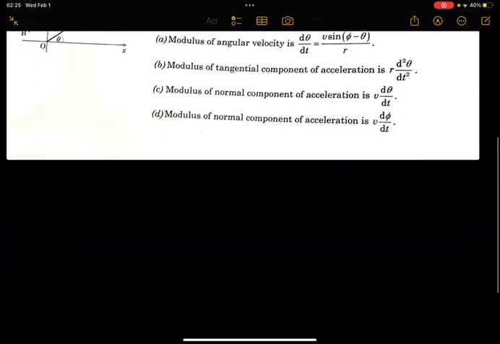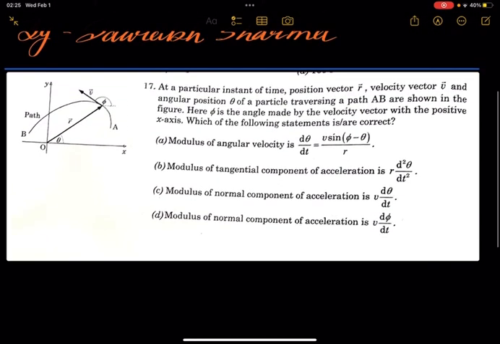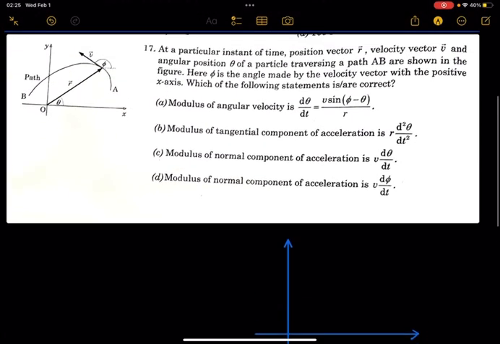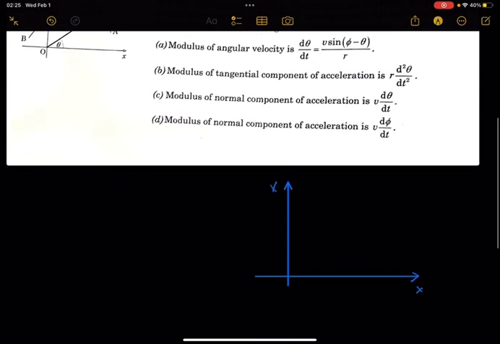So let's see what the question is saying. For clarification, I draw this diagram again. So this is the y-axis and this is the x-axis. Is it clear? And what is happening in this question?